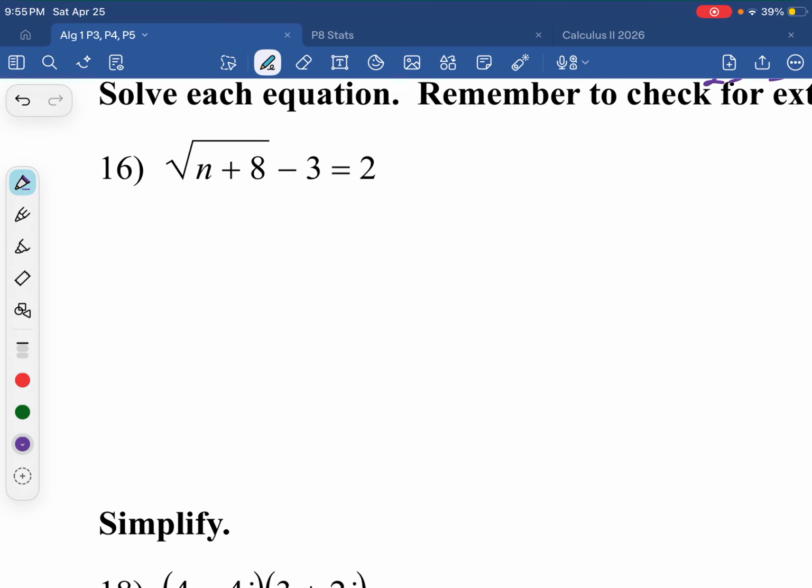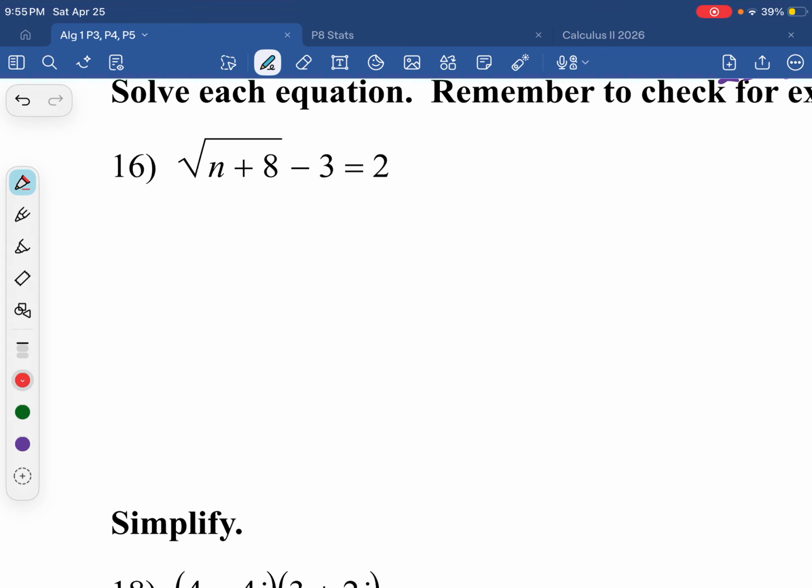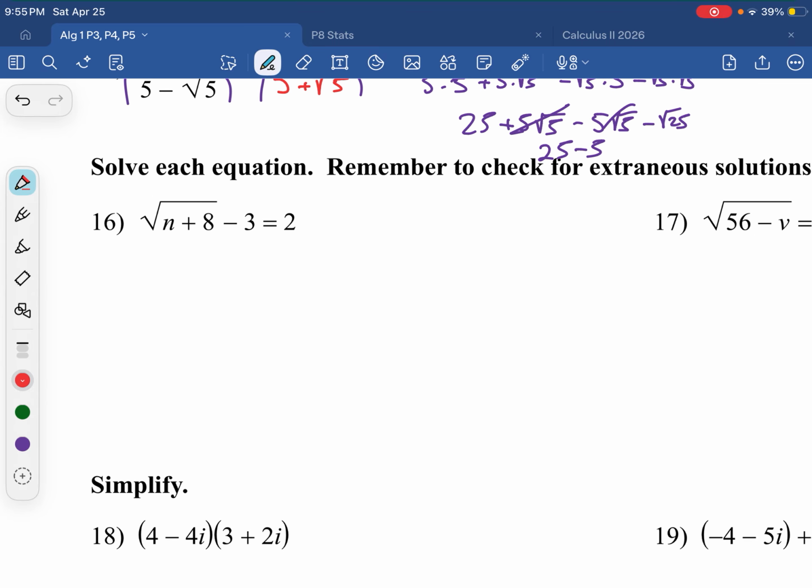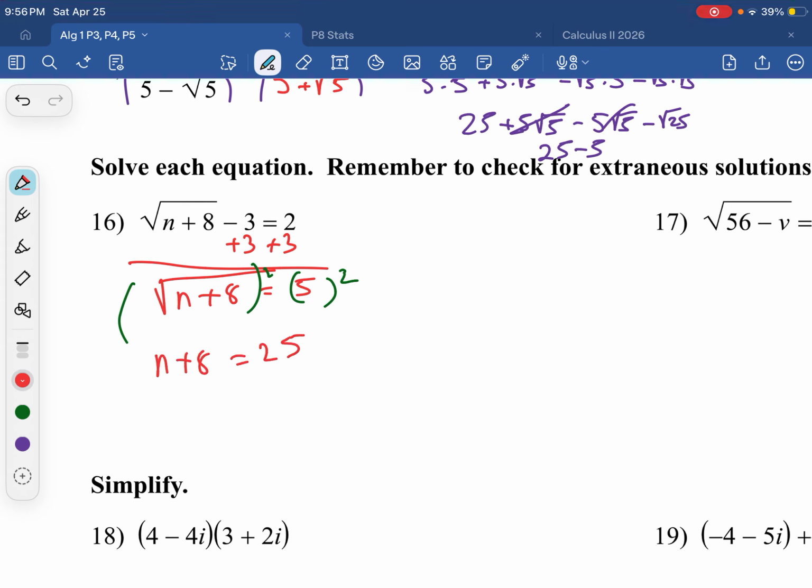For number 16, our first step is to isolate the radical when we have equations with the radical in it. I'm adding 3 on both sides. Square root of n plus 8 is going to be equal to 5. I'm going to square both sides of the equation. The square root of n plus 8 squared is going to be n plus 8 is equal to 25.